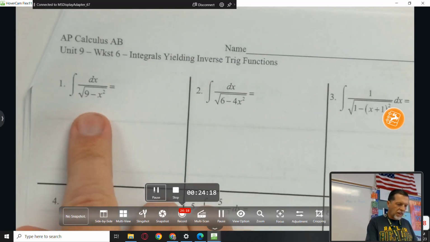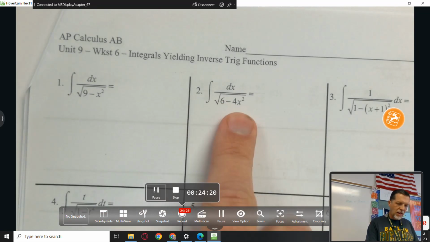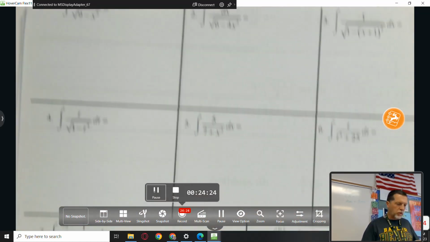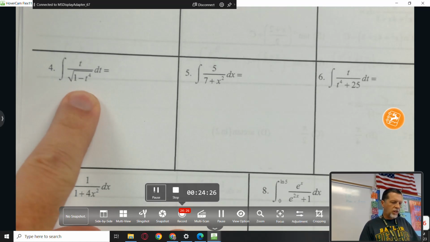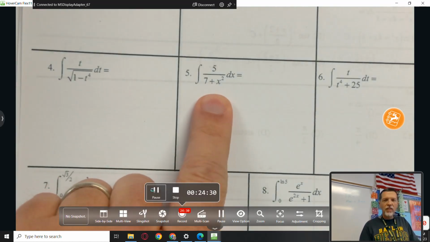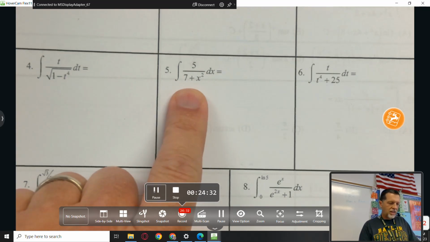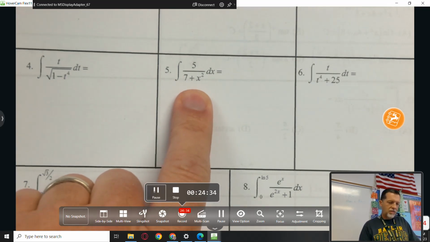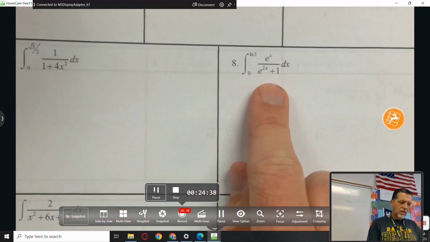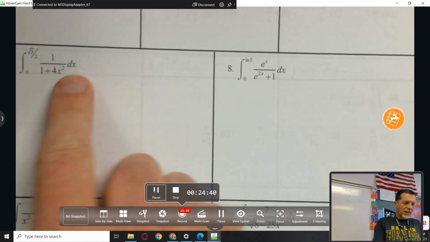So I'm thinking that looks like sine, sine, sine, sine, with the u substitution maybe for u is t squared. And then what's 5 look like? Sine, or arctan. Tangent, tangent, tangent. What's with the limits? When you get to the end, you do top minus bottom.